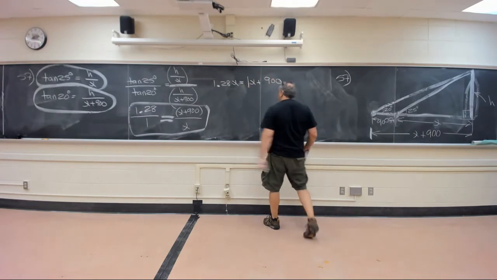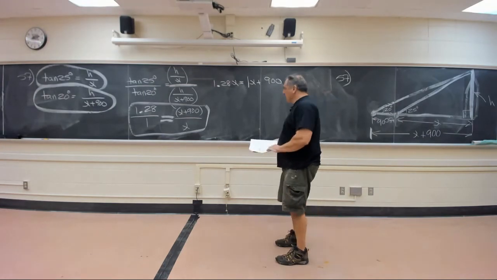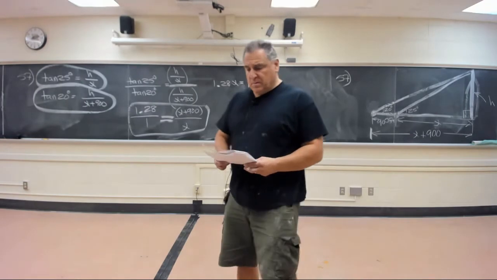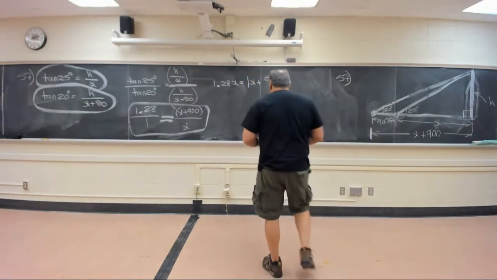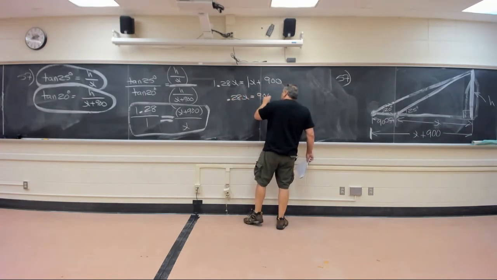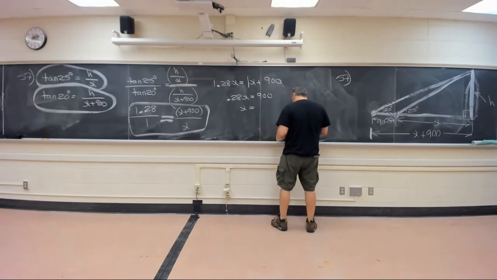That's the same as 1x plus 900. The rest, ladies and gentlemen, is algebra. Subtract 1x on each side. Divide by 0.28.